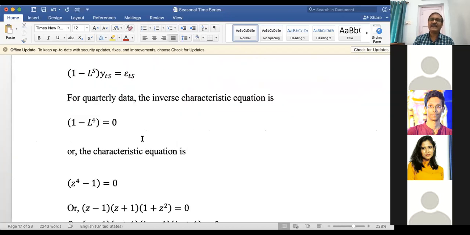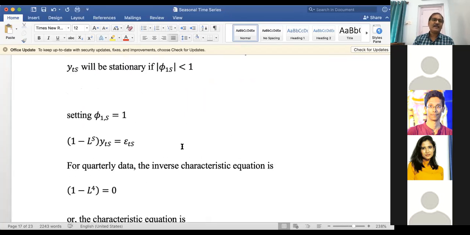So you will get the characteristic equation under the assumption that phi 1 is equal to 1. So the coefficient of AR1 is equal to 1. This is our underlying assumption behind the characteristic equations we are considering here. And you know the value of phi 1 is the coefficient for the AR1 component.